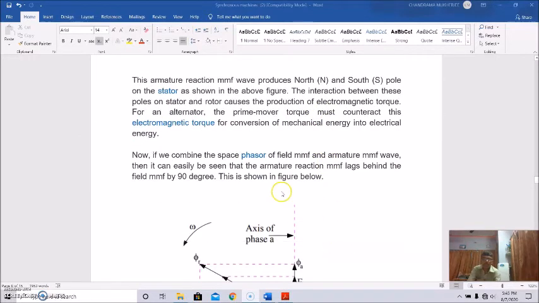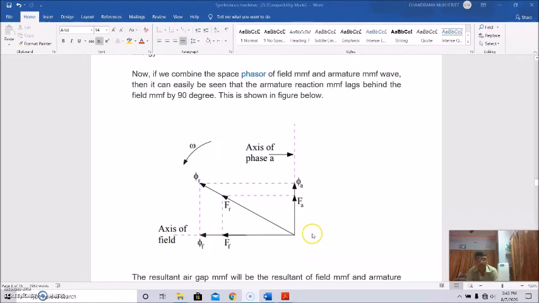If we combine the space phasors of the field MMF and armature MMF waves with the time phasors of the EMF and armature current, we get the combined phasor diagram of this armature reaction situation.